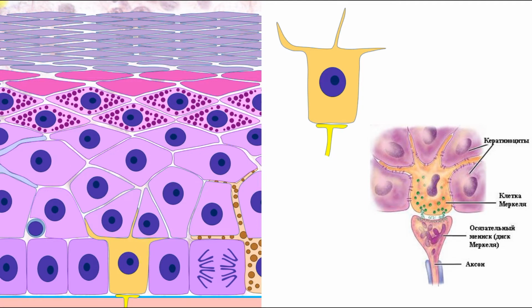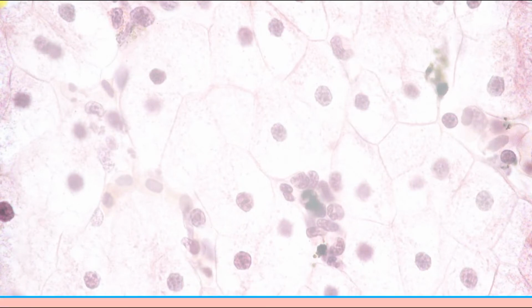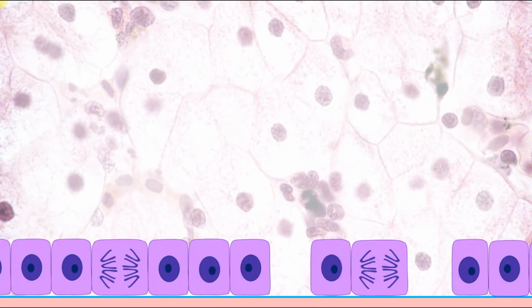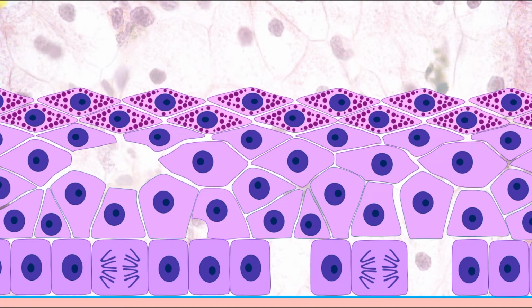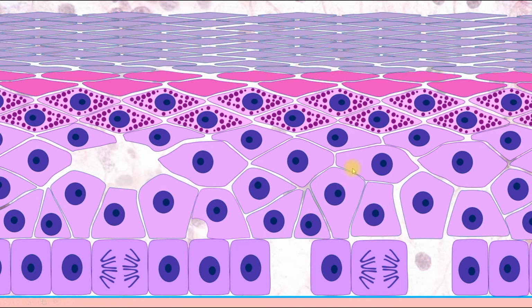It's Merkel cell. So we have discussed all cells of epidermis. There are basal cells or cells of stratum basale, stratum spinosum, stratum granulosum, lucidum, and corneum.